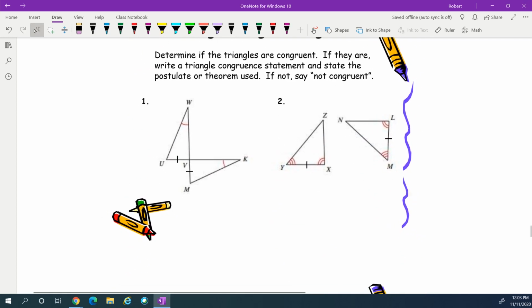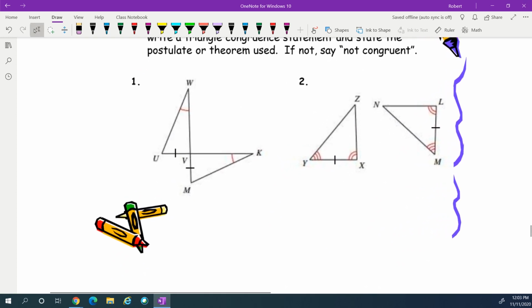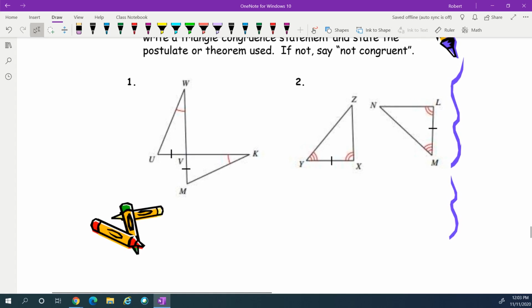All right, so let's do a few on our own. Let's see what we have to start with. We have a pair of angles. So we have angle and angle.